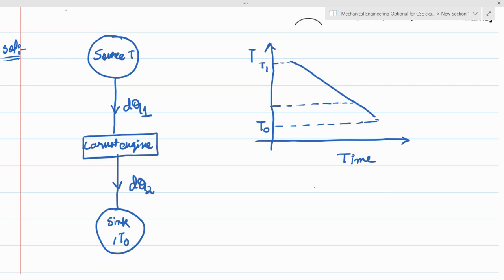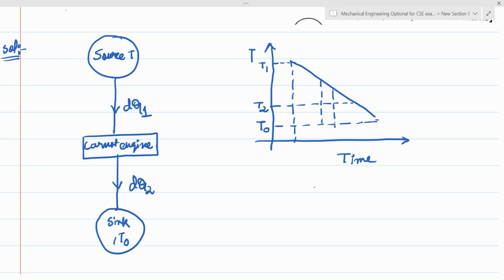This is T2, and this is some part of this line.